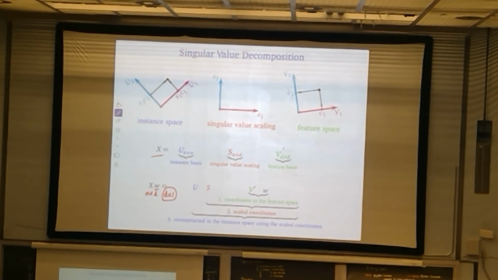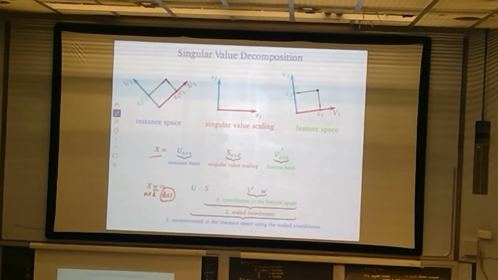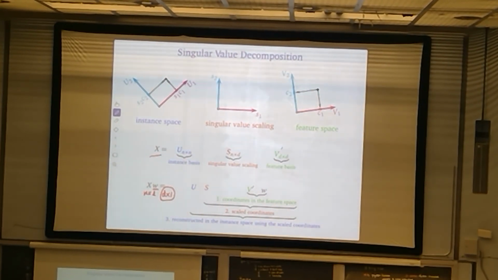If I have any feature point W, how is this X going to act upon it? So this is my U S V transpose acting upon W.